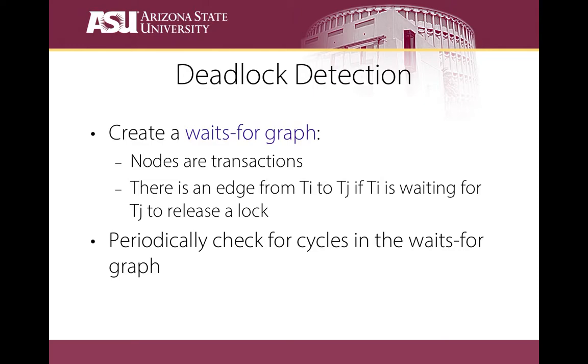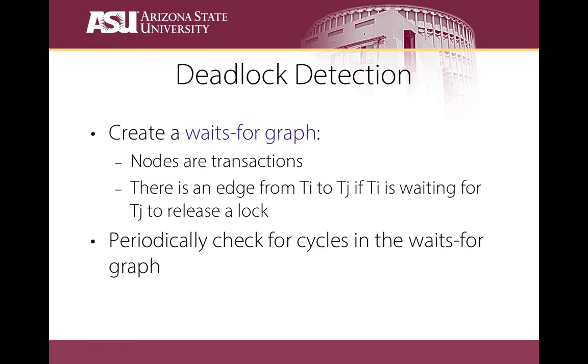Like you have T1, T2, T3, T4, right? This is the graph. It can be like this. So this cycle is also an indication that there is a deadlock in the system. Make sense? And this is the waits-for graph for some transactions running.